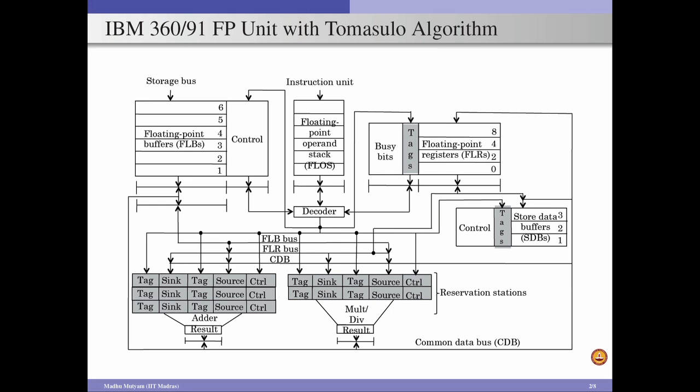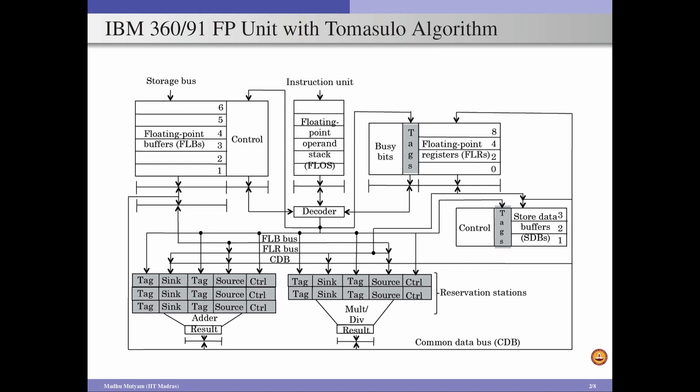Operands for instructions can be available either from the FLBs, that is the floating point buffers, or these operands may be supplied by the instructions sitting in the reservation stations. So we have 6 registers in the FLB, the floating point buffer register file, and 5 entries in the reservation station. Effectively we have a total of 11 entries from which we can get the values for the instructions whose operands are not ready.